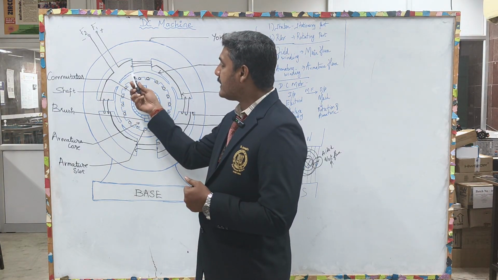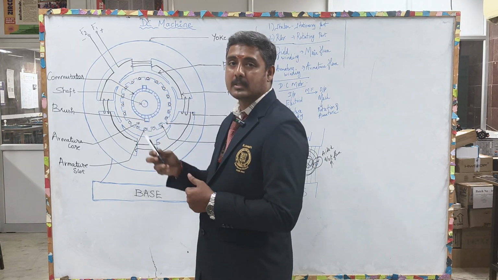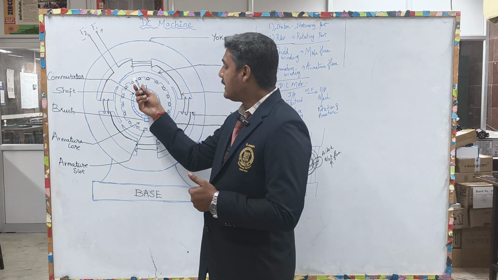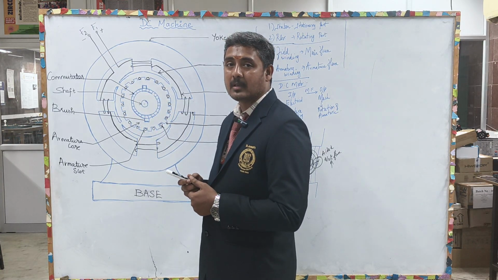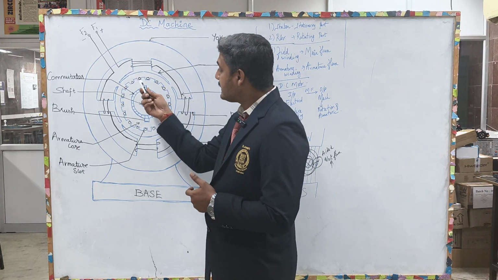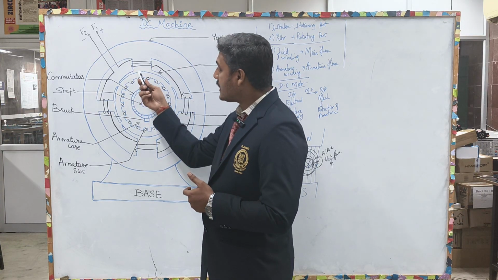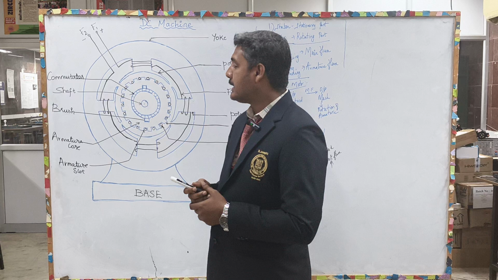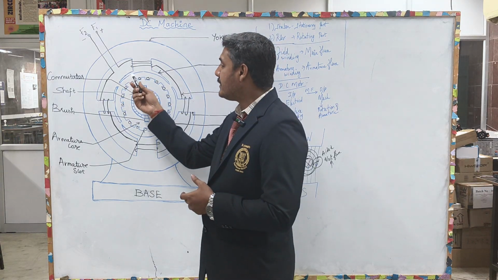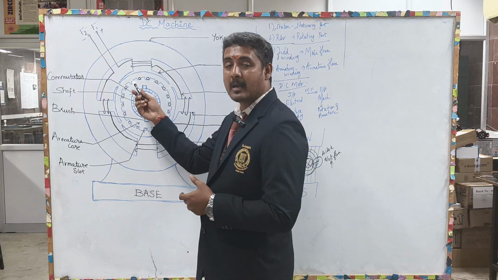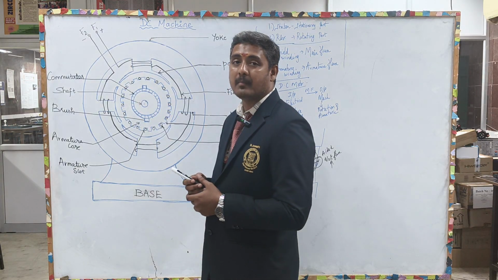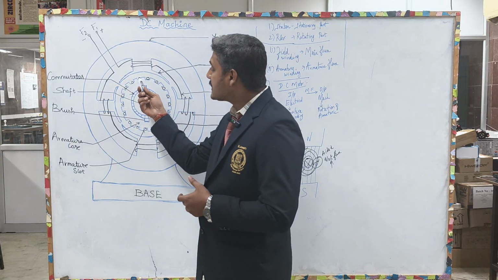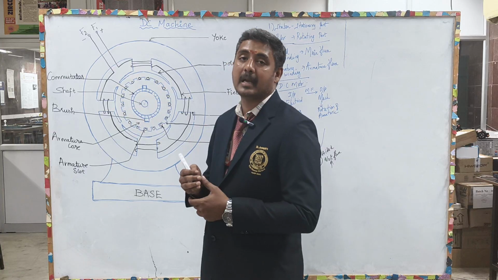Therefore, the air gap between the field poles and the teeth of the armature is low, and the air gap between the slot and the field pole is high. Here the reluctance between the armature teeth and the pole shoe is low, and the reluctance between the slot and the pole shoe is high.